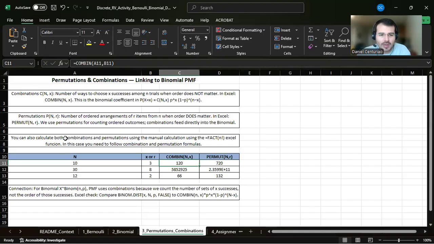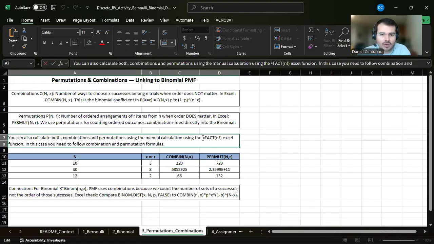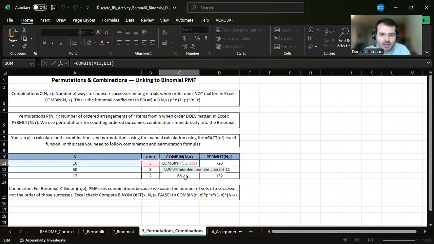Okay, so basically you have some cases here, and I'm also showing you that you can calculate combinations and permutations not using the Excel formula as we are using here, which is COMBIN, parentheses, and you state the n number, which is the number of observations, and the size of the small group that you want to combine by.